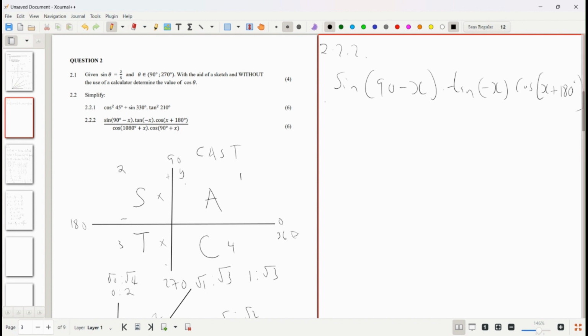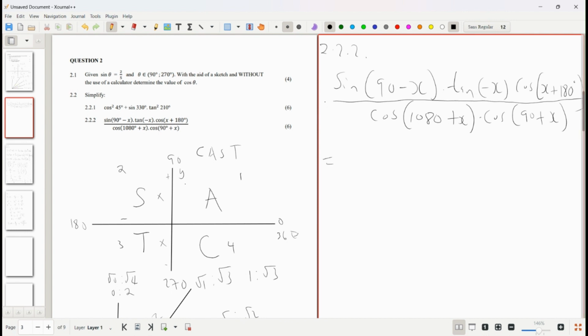So this is all divided by the cos of 1080 plus x, and then times by what? Cos 90 plus x, right?